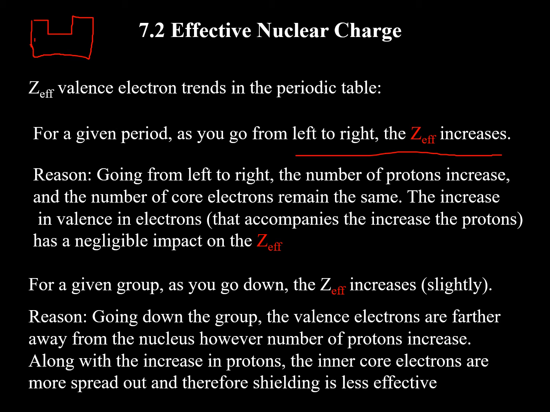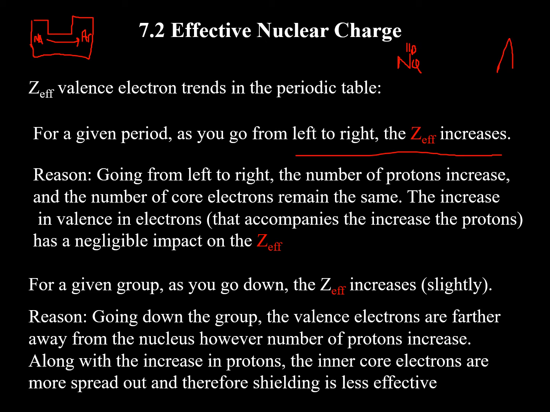So let's focus on sodium. Let's say sodium here. And if you go across, we have here argon. So let's compare sodium and argon, both on level 3. If we look at sodium, how many protons? 11 protons.